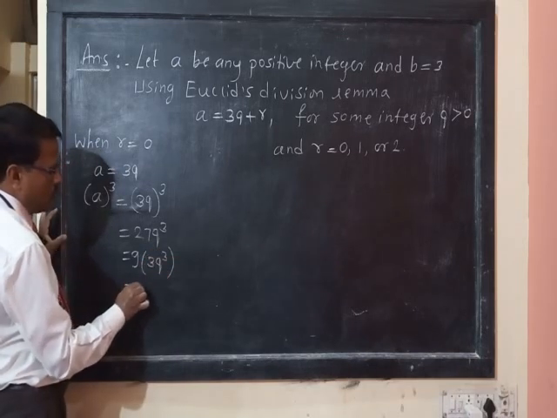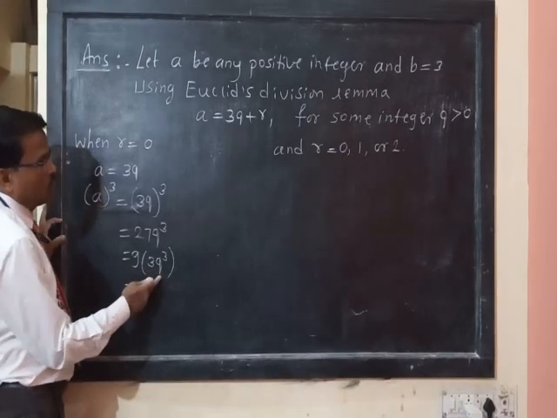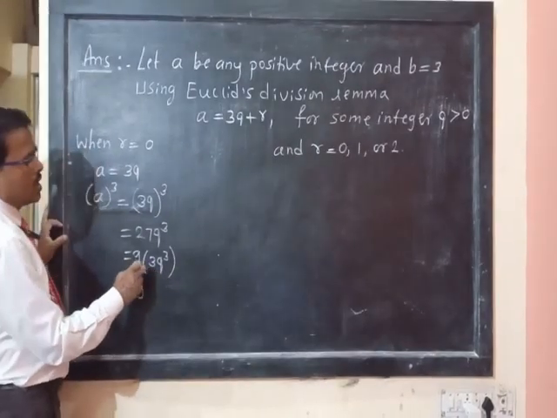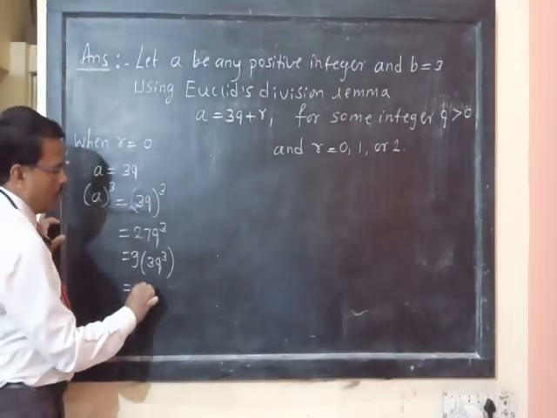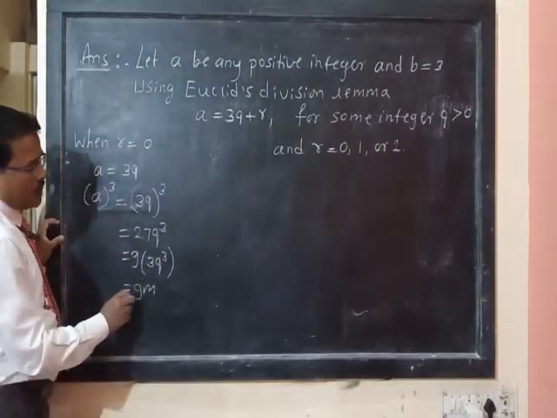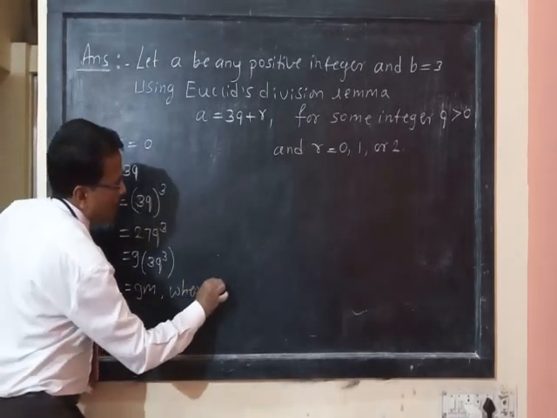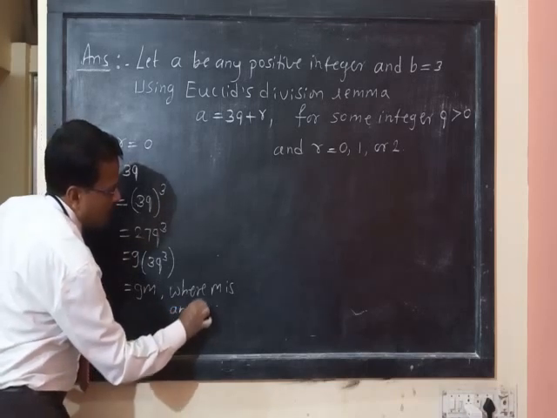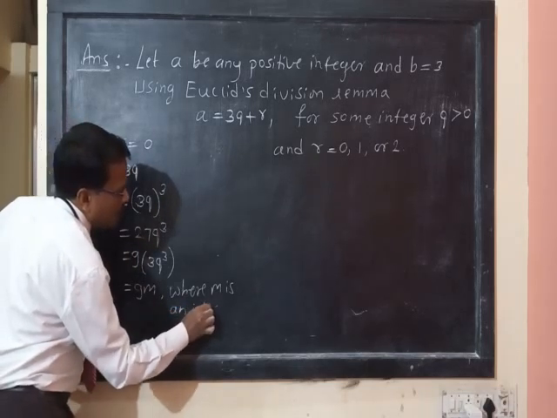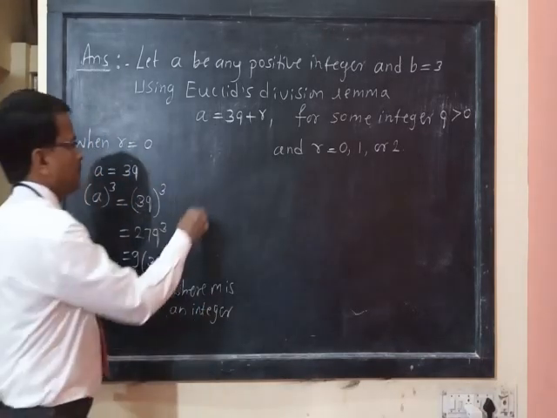Q is an integer, Q cube is also an integer, 3Q cube is also an integer. So I'll write here 9m, where m is an integer.